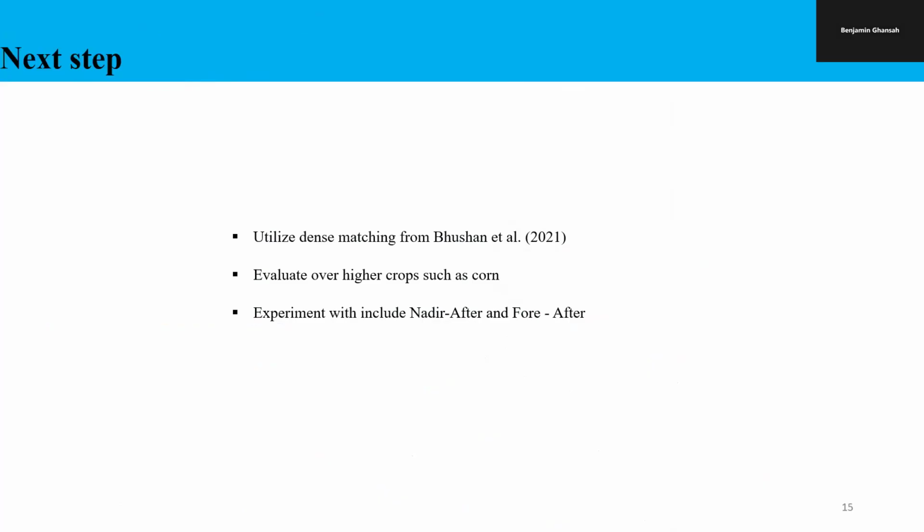The second thing we want to implement is to work over crops that grow a bit higher than cotton, such as corn. Mostly corn is able to go to 2.5 or even 3 meters. And third, we also want to use the forward, nadir, and after images.